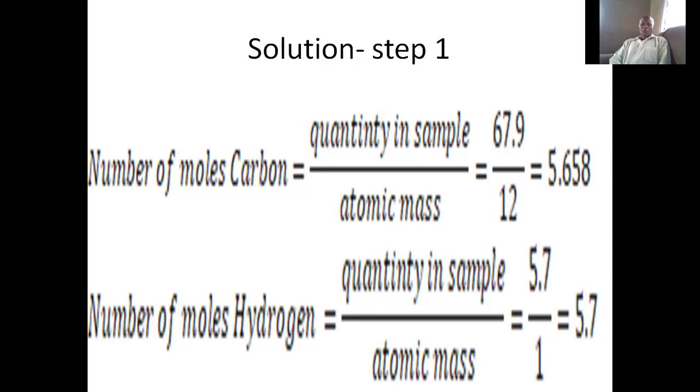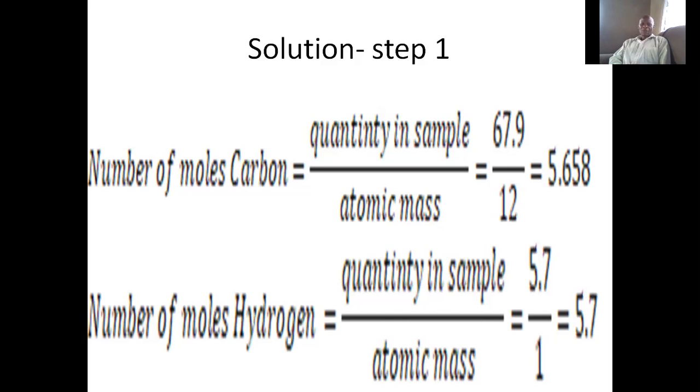So carbon is 12 grams per mole. And that gives us 5.658 moles. And the number of moles in hydrogen will be 5.7 grams divided by 1 gram per mole, which gives us 5.7 moles.